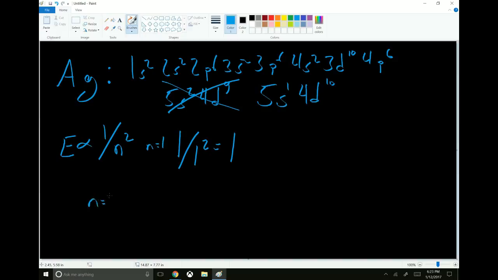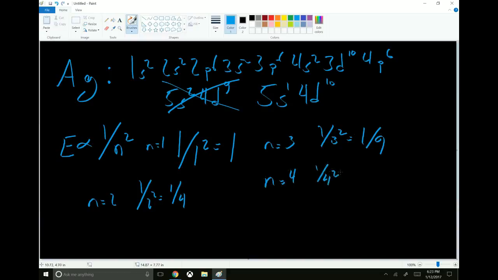For energy level 2, that's 1 over 2 squared equals 1/4. For energy level 3, that's 1 over 3 squared equals 1/9. For n equals 4, 1 over 4 squared equals 1 over 16. Then you have 1/25, 1 over 36, 1 over 49.